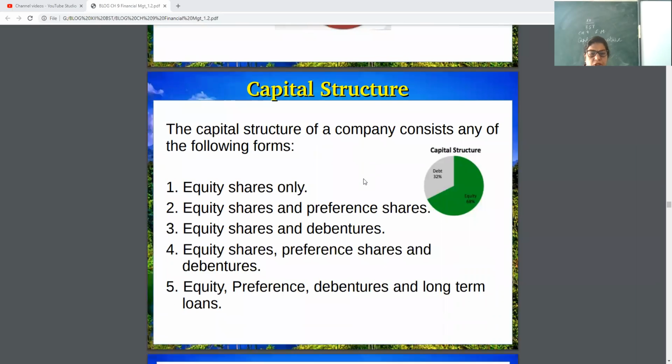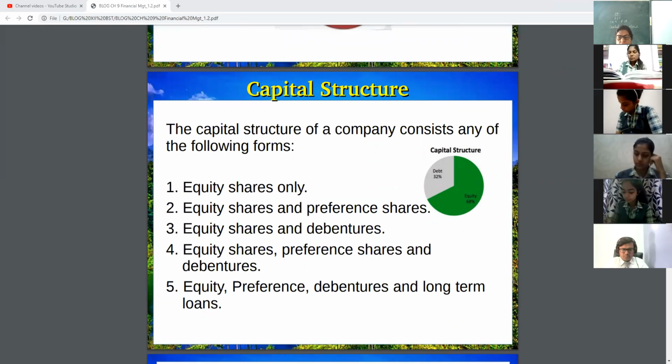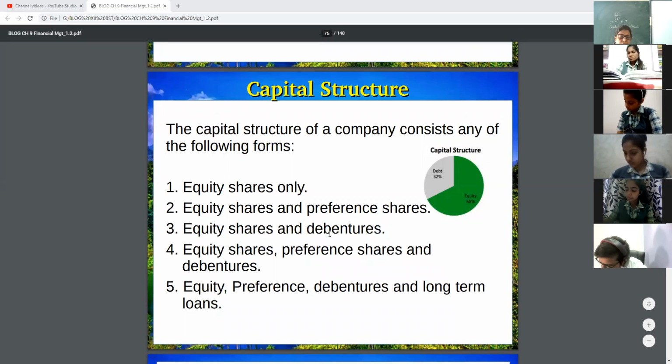Then capital structure of a company consists of any of the following. Only the equity shares. It depends on the company, my dear students. Only equity share, combination of equity shares and preference shares, combination of equity shares and debentures, equity, preference and debentures, equity, preference, debentures and long-term loans. It depends on the company.